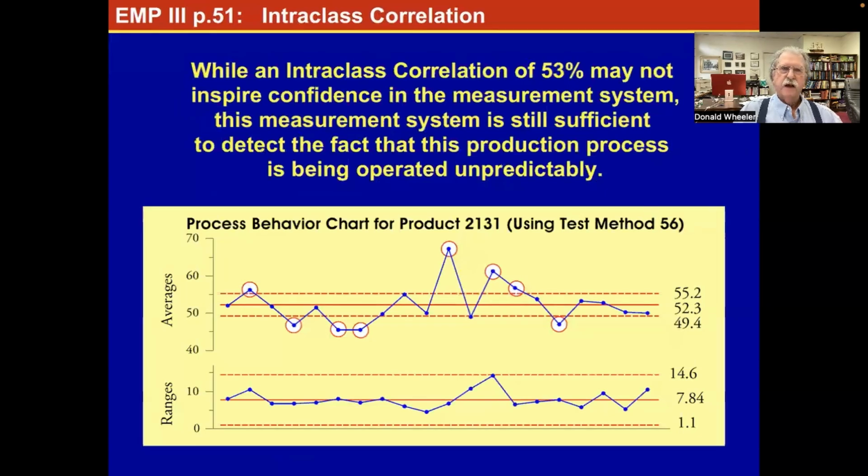Now, while an intraclass correlation of 53% may not inspire confidence in the measurement system, this measurement system is still sufficient to detect the fact that this production process is being operated unpredictably.